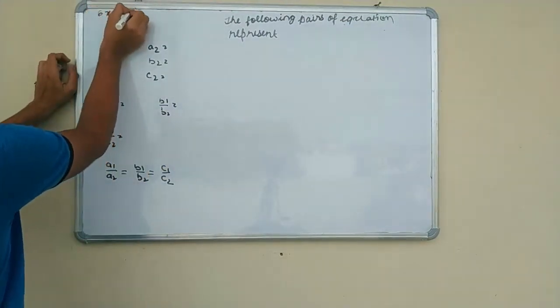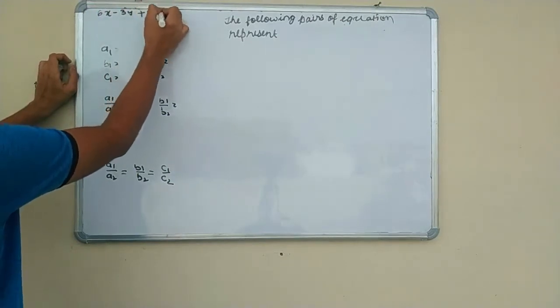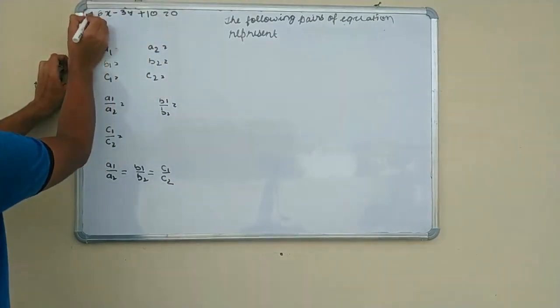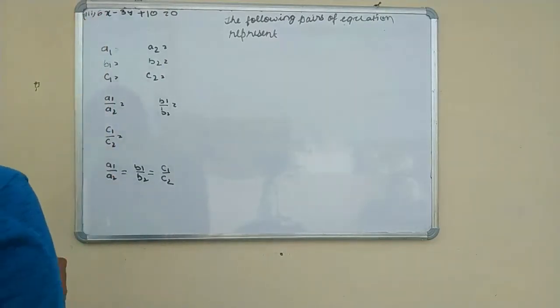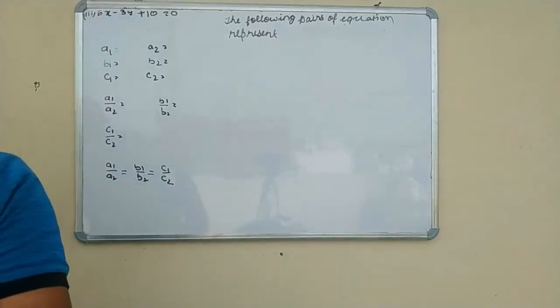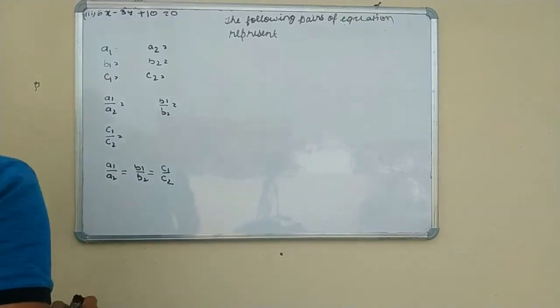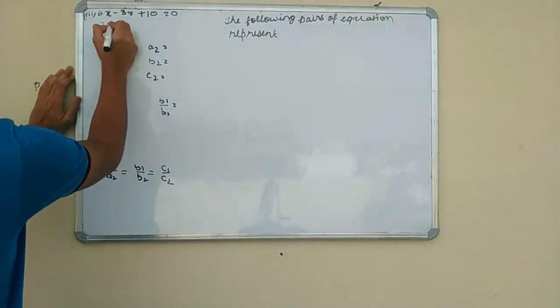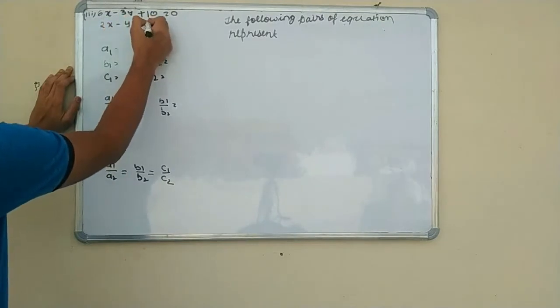This is the third part, okay? And the other equation is 2x minus y plus 9 equal to 0.